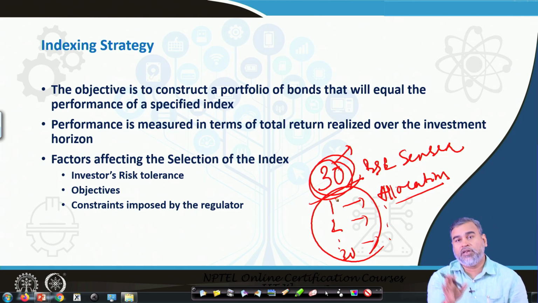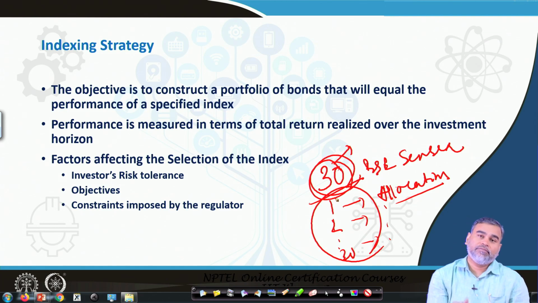We have already seen that there is regulation in terms of capital market exposure and equity investments. If there are regulations on choosing assets or on exposure toward a particular segment, then we are also constrained. So, the constraint imposed by the regulator is another factor we have to see.